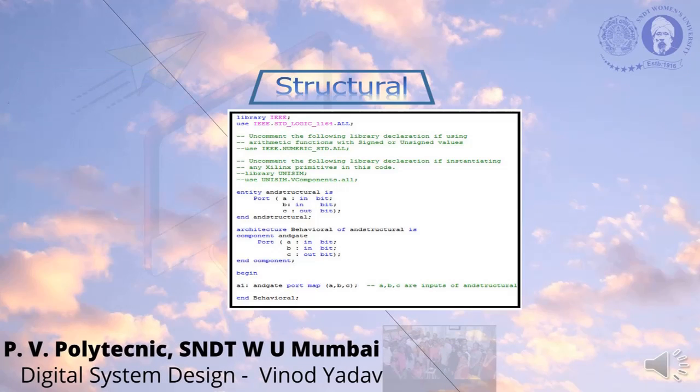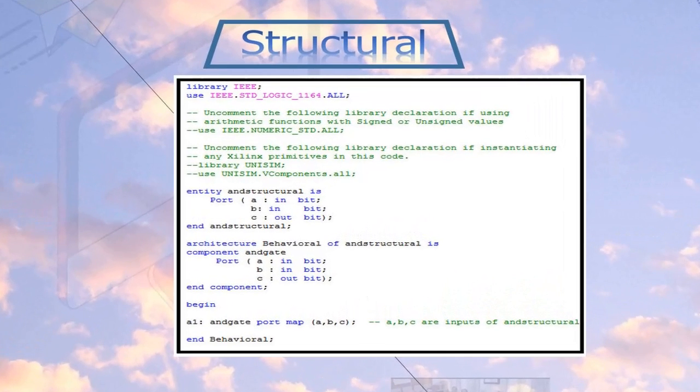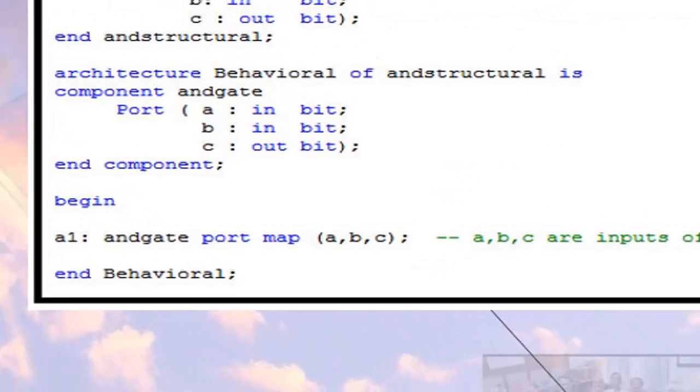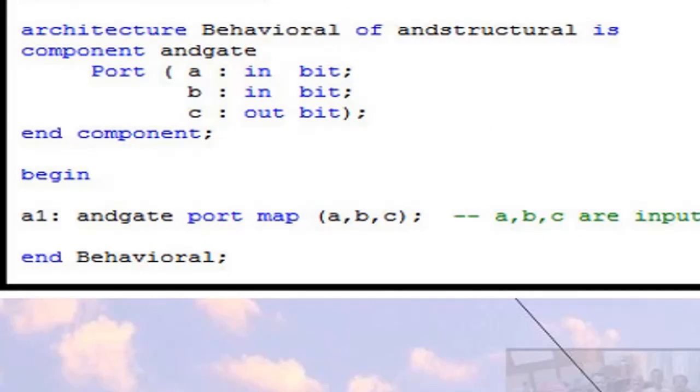If you talk about structural programming, the things will be the same, like defining the library, indicating which library we are going to use, and defining entities, the ports we are going to use. And in the architecture, you can see that we have defined a component first.